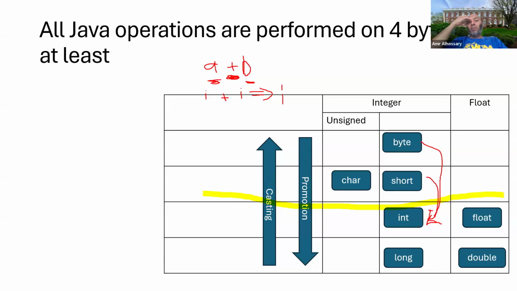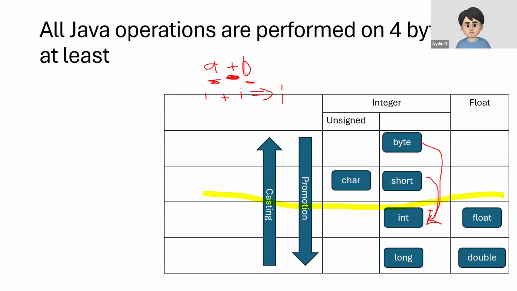Now let me ask you, if I have int plus int, what is the output going to be? Int plus int will be int. Short plus int, will it be?